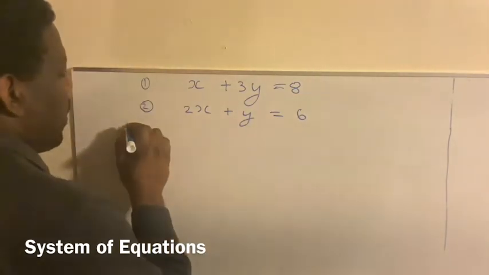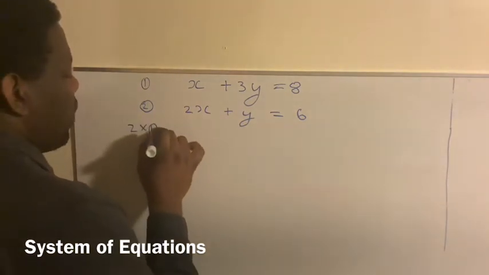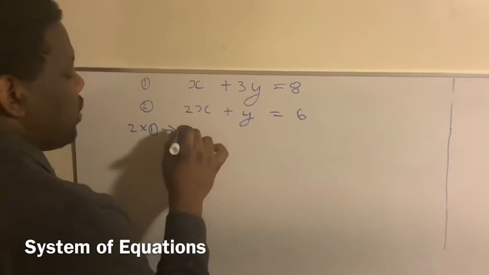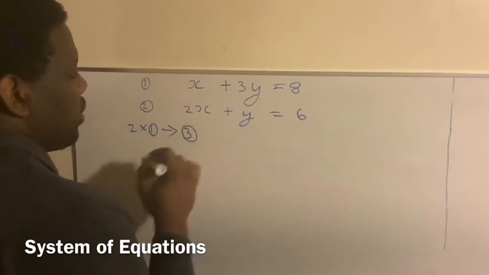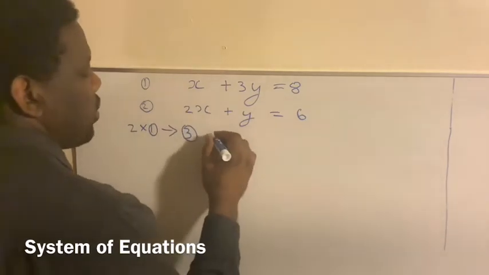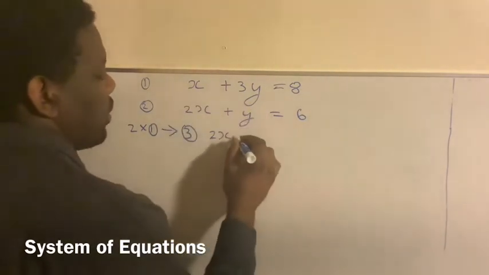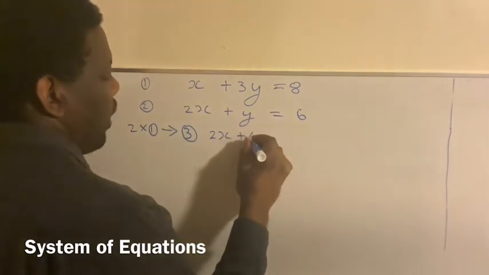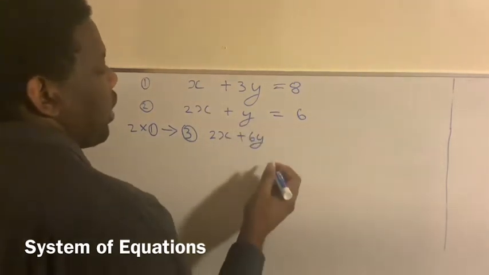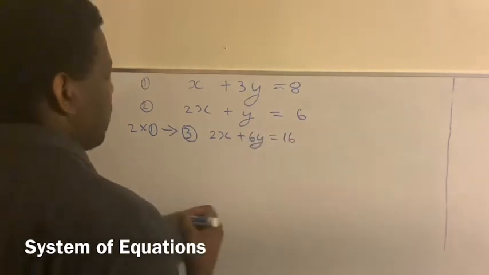I'm going to multiply 2 times equation 1. And we're going to call this new equation equation 3. So 2 times x is 2x. 2 times 3y, 6y. And 2 times 8 is 16.